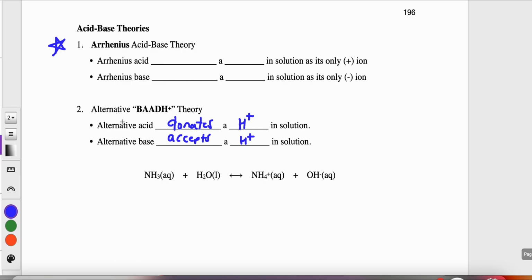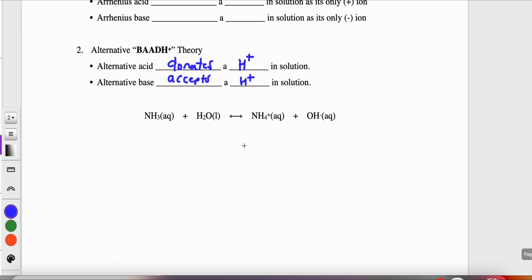So our alternative bad theory only talks about the H plus ion. The structure that donates it is our acid. The structure that accepts it is our base.